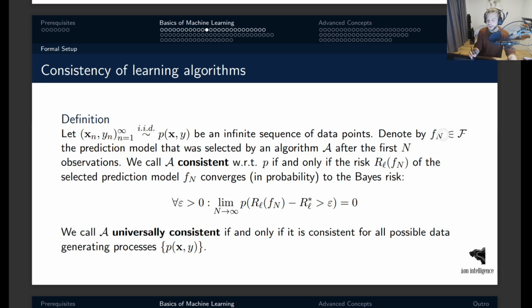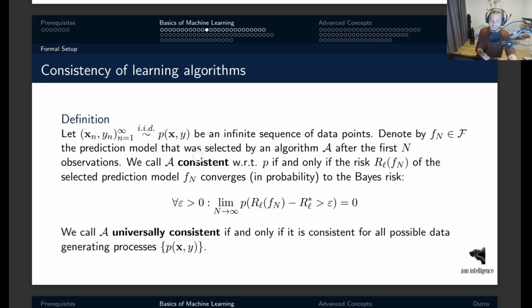And by Fn, we denote the prediction model that was selected by an algorithm A after the first n observations. So after the first capital N observations of these input-output combinations, the algorithm A selects the model Fn from the space of possible prediction models.